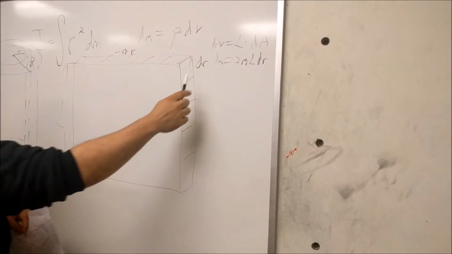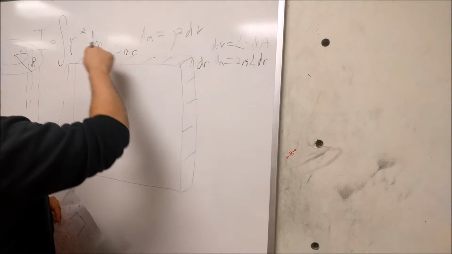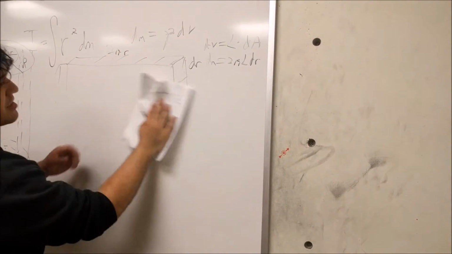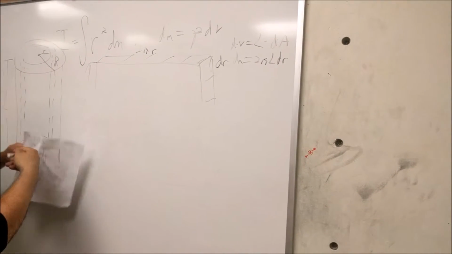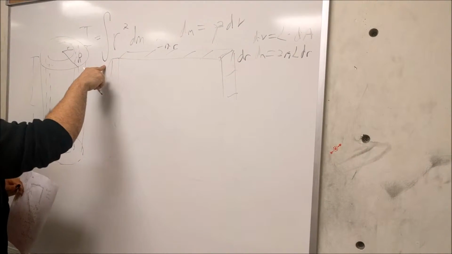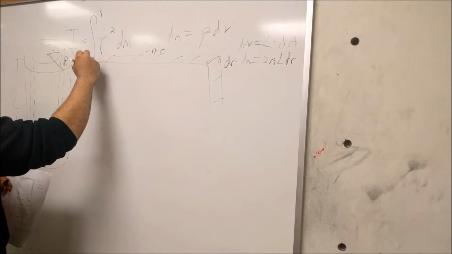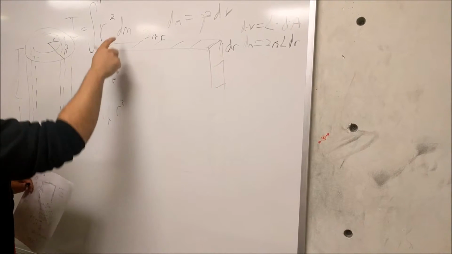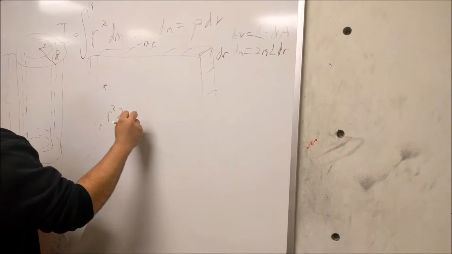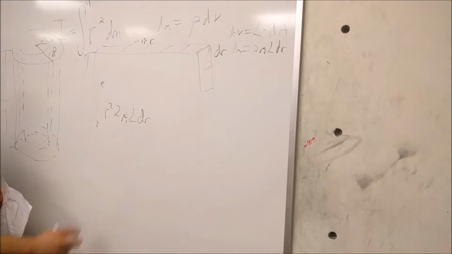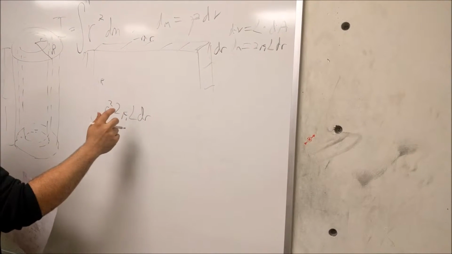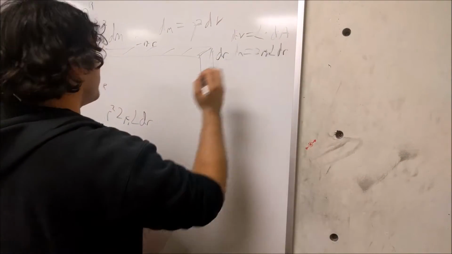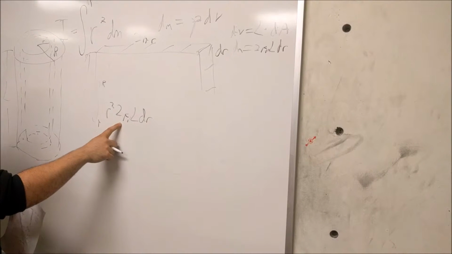So now we can substitute this equation into our integral equation, and that will give us, and then the limits are going to be from little r to big R, obviously. And it's going to be r squared dm, which is rho 2 pi r L dr. And since this is a constant, we're going to take the 2 pi L outside.